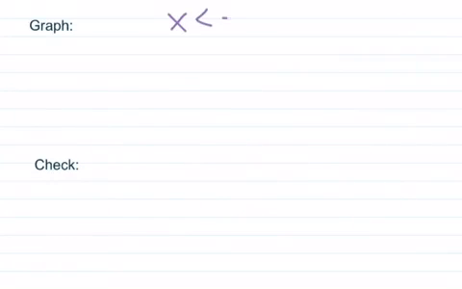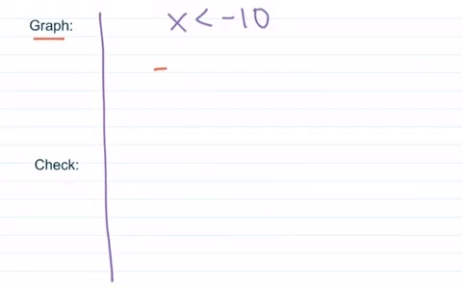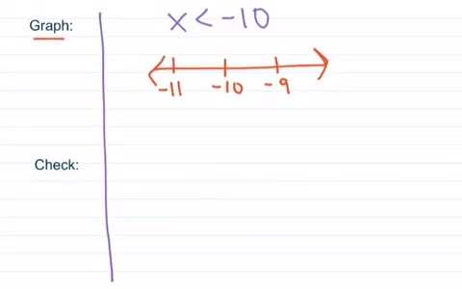We got x is less than negative 10. Now you're going to graph the solutions. I'm going to put negative 10. One greater than negative 10 puts us at negative 9, and one less than negative 10 puts us at negative 11.